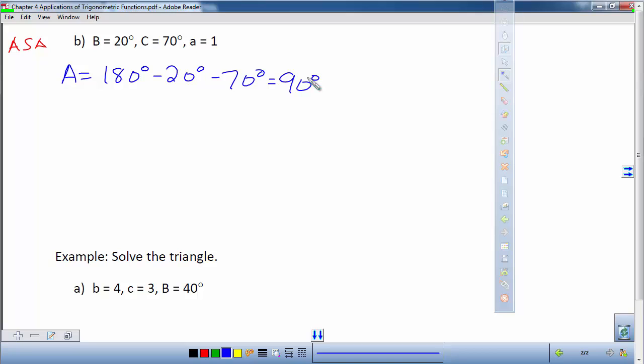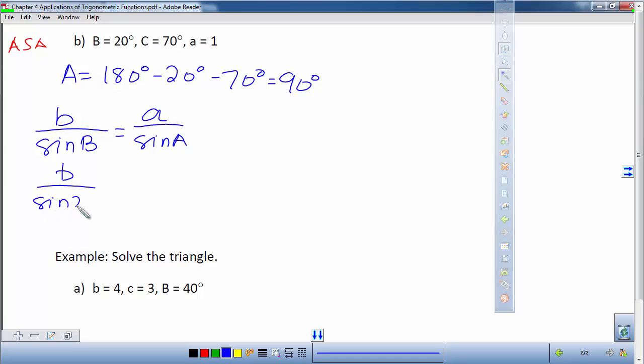Okay? So now that I have that, I can figure out side C and side B. We'll do B first. B over sine B is equal to A over sine A. Or B over sine 20 degrees is equal to 1 over sine 90 degrees. And of course, we know sine of 90 degrees is what? 1.